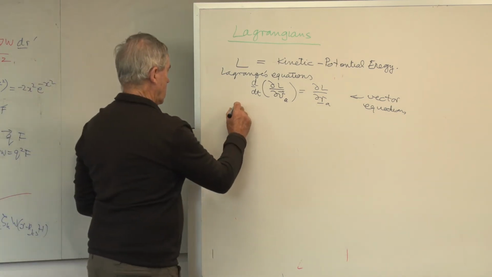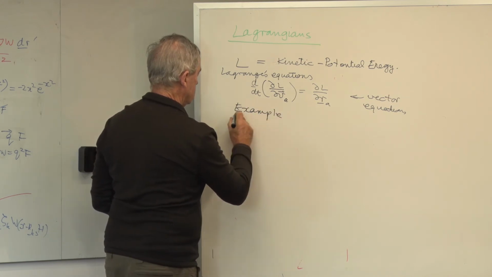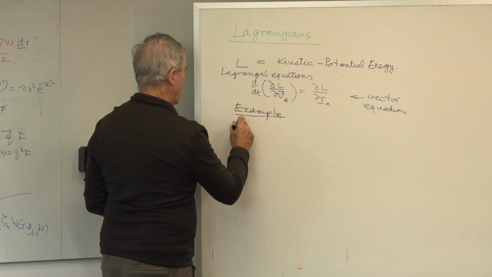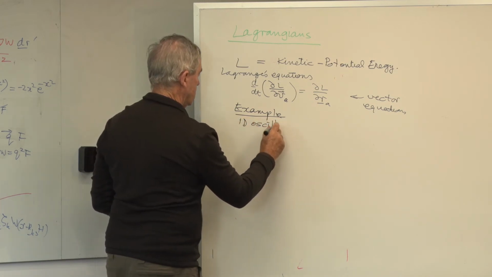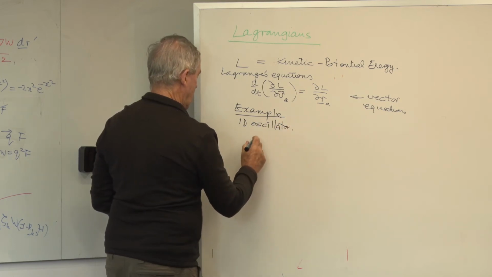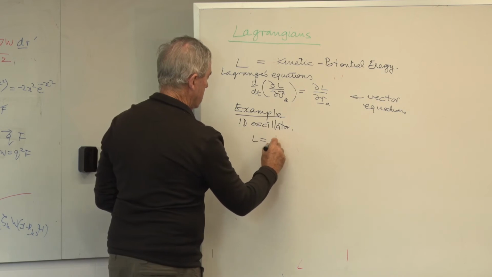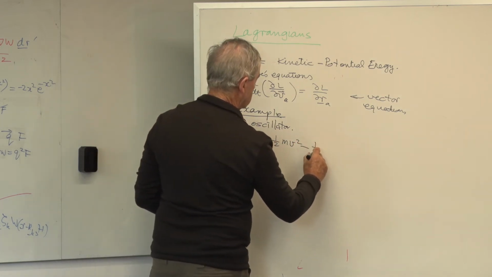And here's an example. A 1D oscillator, and L is equal to half m v squared, kinetic energy, minus the potential energy.